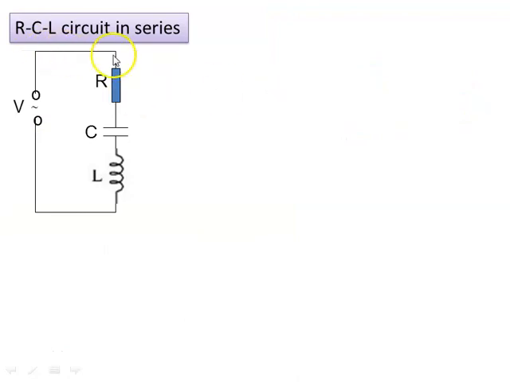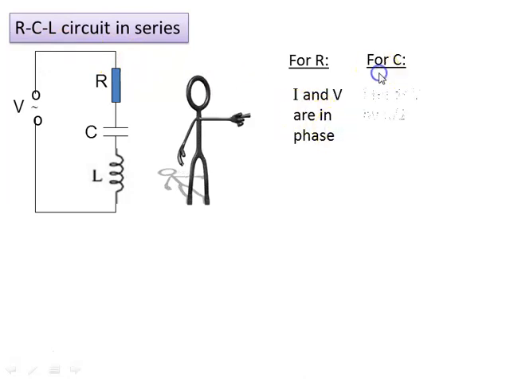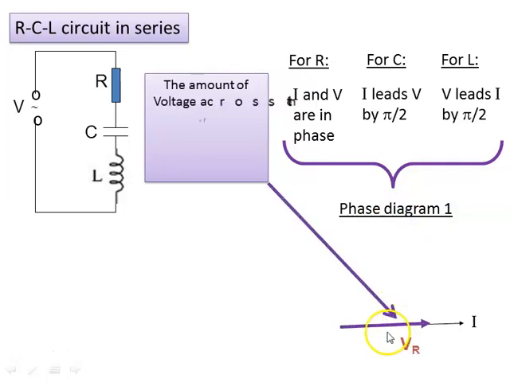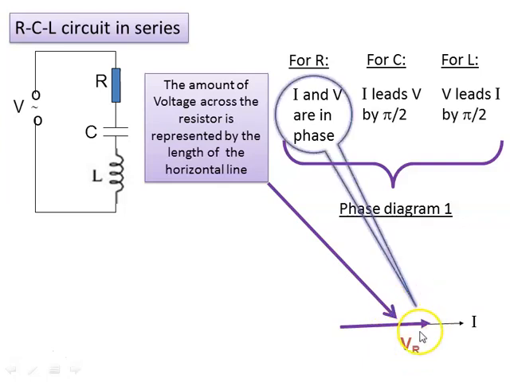Okay, next for the RCL circuit in series. For R, I and V are in phase, and for C, I leads V by pi per 2 radian, and for L, V leads I by pi per 2 radian. So we draw all in one phase diagram. This is VR. I and V are in phase, so we assume the direction is to the right.